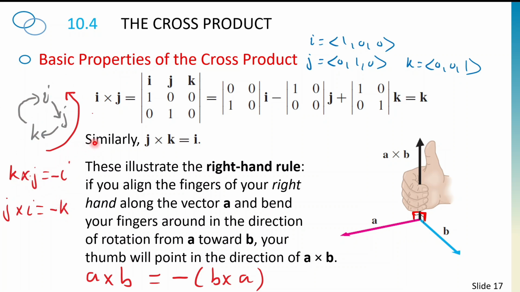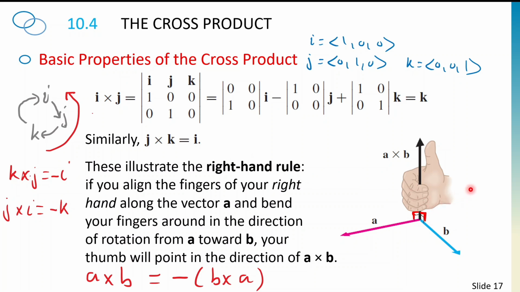Fine. Usually we use this for the cross product, just as I did before. We can see them using the right-hand rule, which I think you've heard about before in your physics courses. So the right-hand rule usually says what?